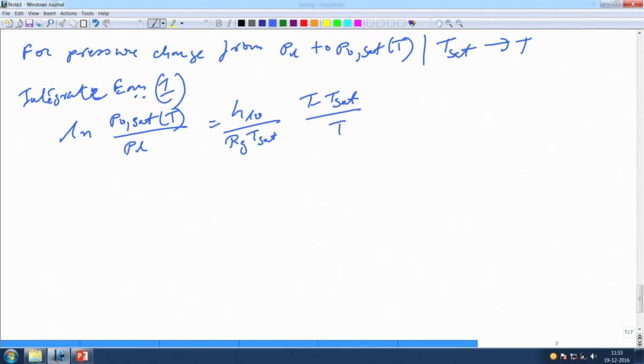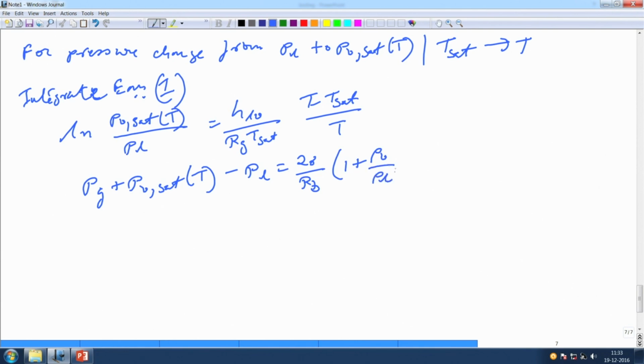Okay. Now, you already know PG plus PV sat T minus PL is equal to 2 sigma by RB into 1 plus rho V by rho L. You substitute that over here now. Now is the correct time to substitute this.